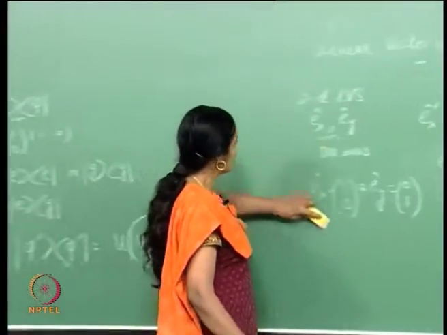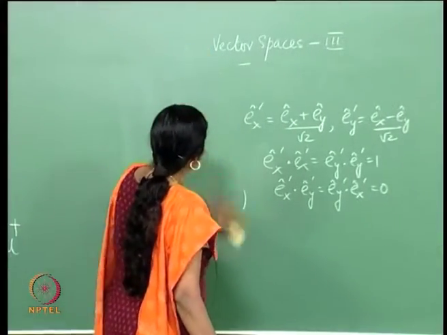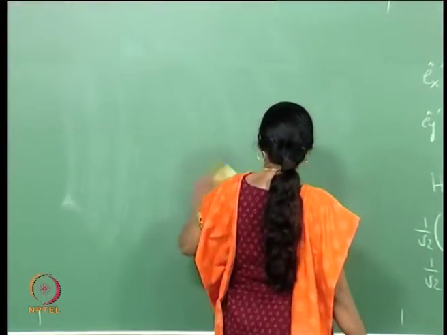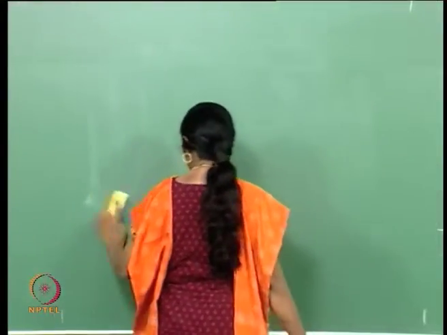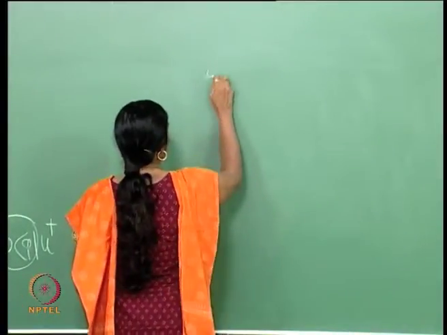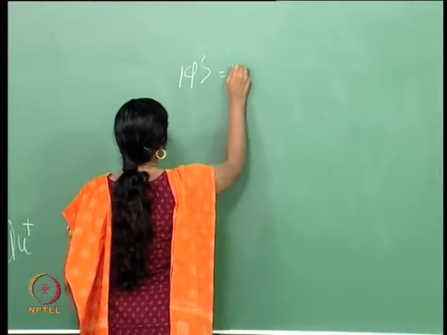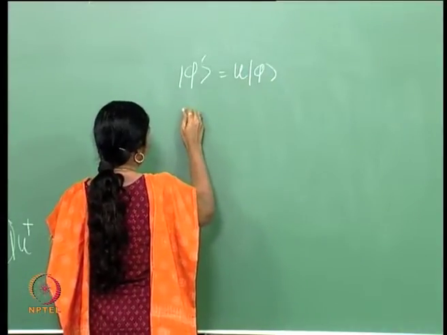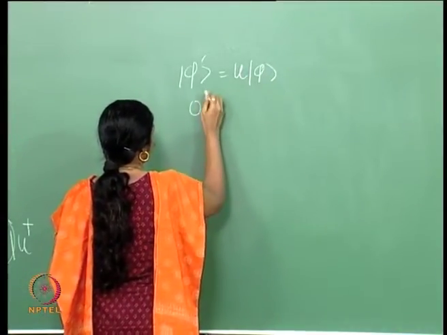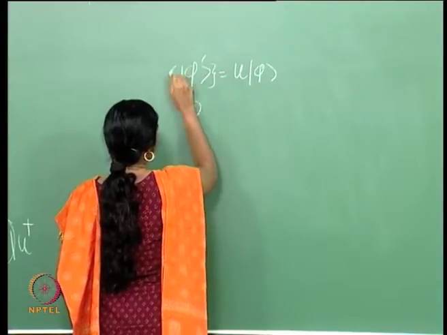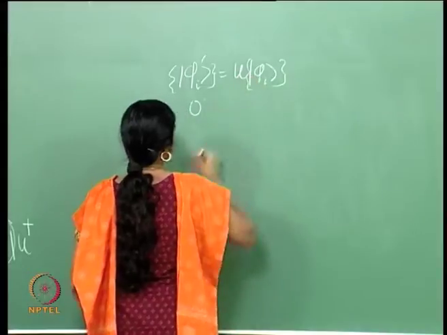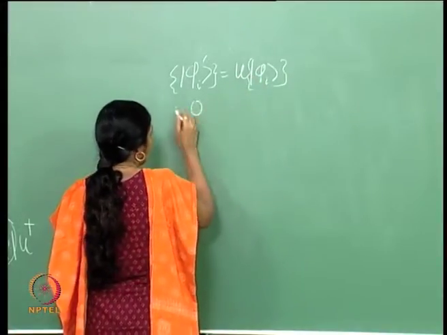So, a change of basis is implemented through a unitary transformation, and such a change of basis has preserved the orthonormality properties. In general, for any basis state, phi prime is u phi. This is true for all the basis states that are involved, and it is for all operators.